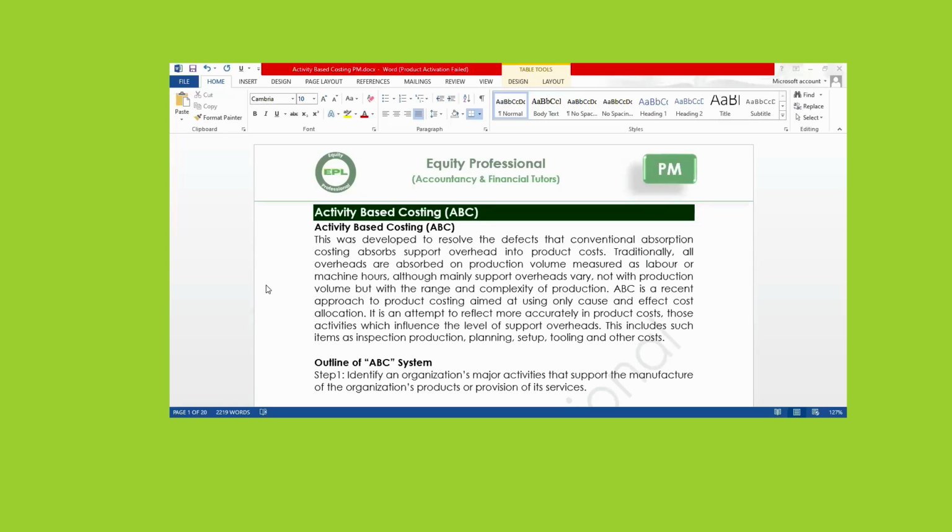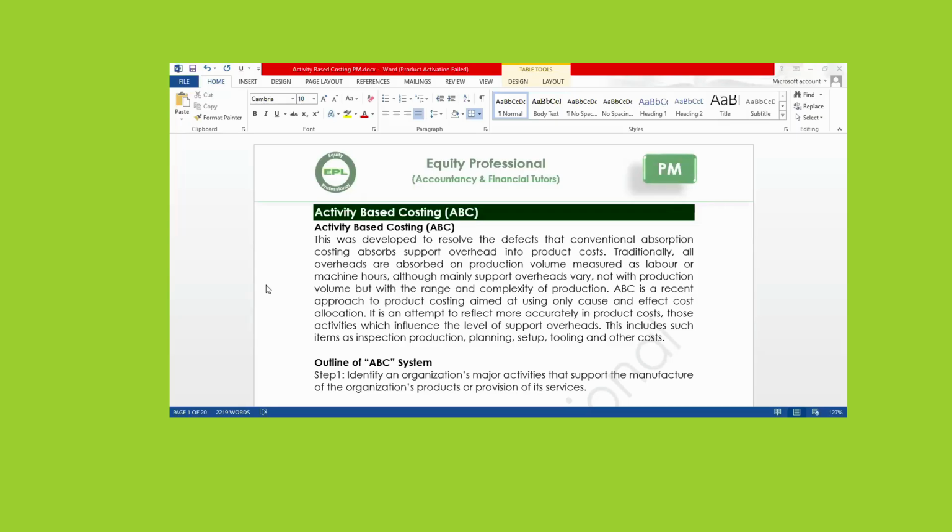For direct cost, we can trace it to a particular product. In that case, we only allocate to that product involved.